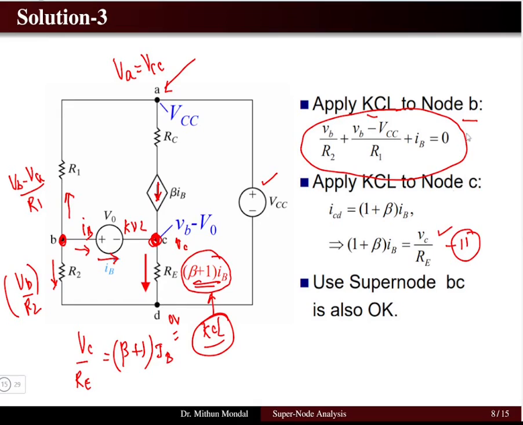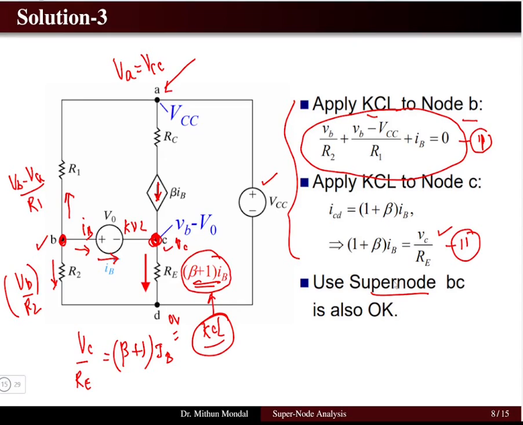Now we have two equations in two unknowns. We can solve both to find the unknown variables. However, the same problem can be solved by using the supernode BC. So B and C together, the equations can be written in terms of KCL to find the solution.